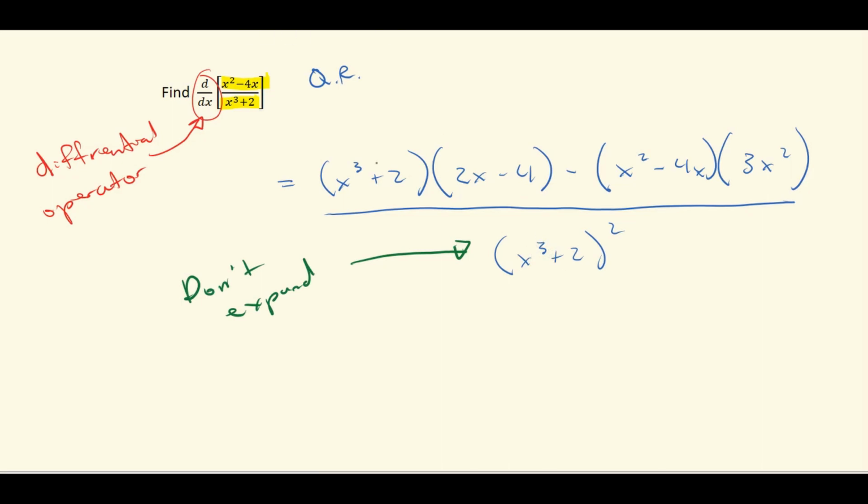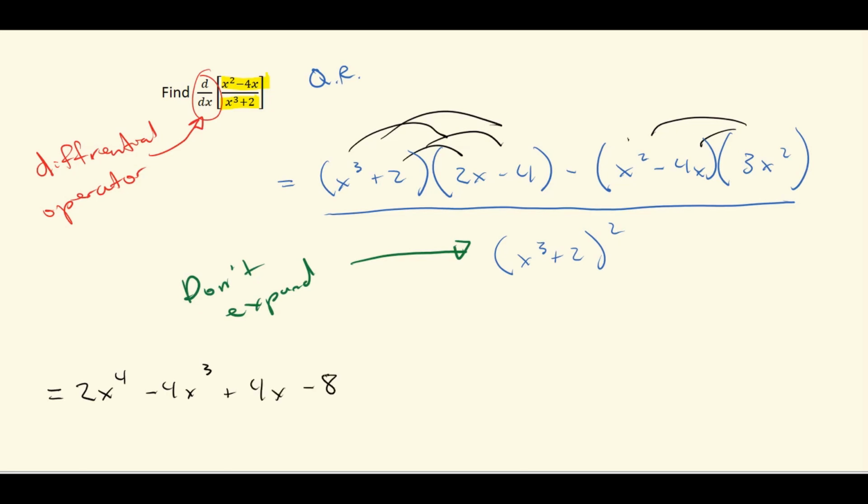So we're going to FOIL the numerator and then distribute these two, which will give us 2x to the fourth minus 4x to the third plus 4x minus 8 minus the product of these two terms.